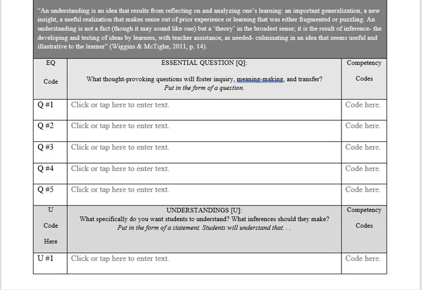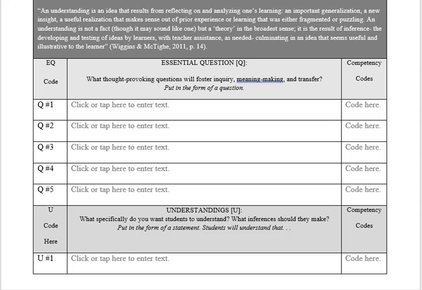So after we've done that, we're going to come down here to the meaning. So those are going to consist of our essential questions and understandings. What essential questions are the students going to be able to answer when you're teaching this unit or after you complete this unit?